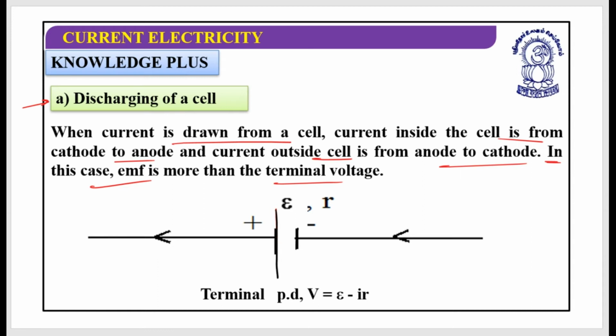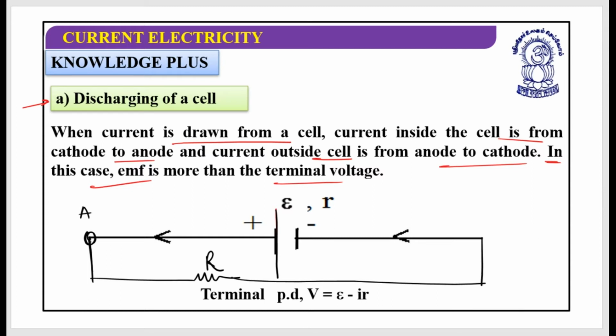Let's say this is the positive terminal of the battery, and this has been connected with a certain resistance R, and the thing is something like this. Let's suppose this is terminal A, this is terminal B, and as it is a battery, it is moving in this direction. Here the battery has been shown.